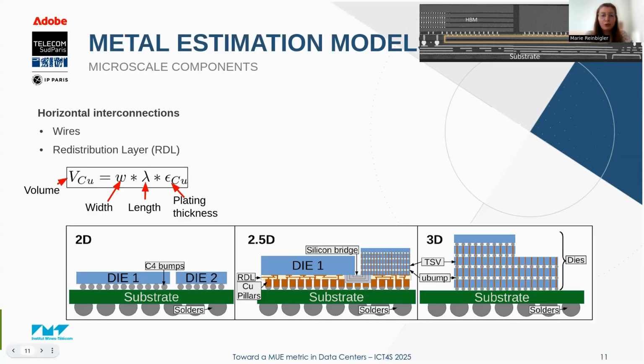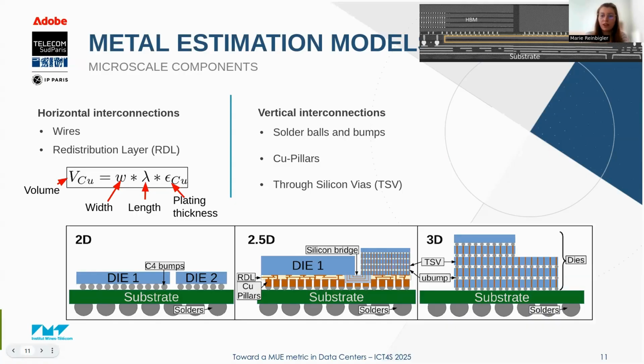In a newer generation of packages, we also saw the willingness to superimpose several chips one on top of the other in order to reduce the interconnection length and thus the latency. And so that's why there are now lots of vertical interconnections, which can be made thanks to solder balls and bumps, Cu pillars, or through silicon vias on the right.